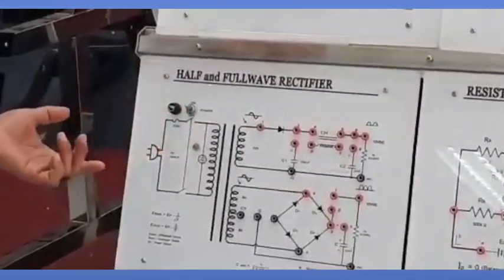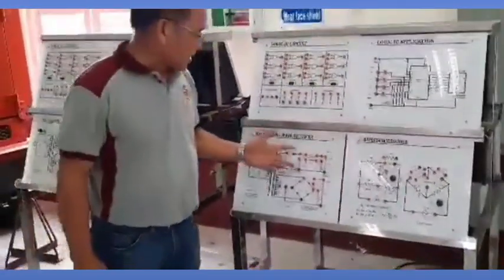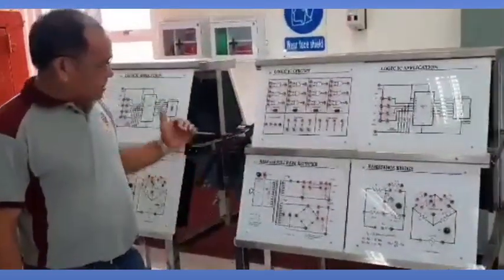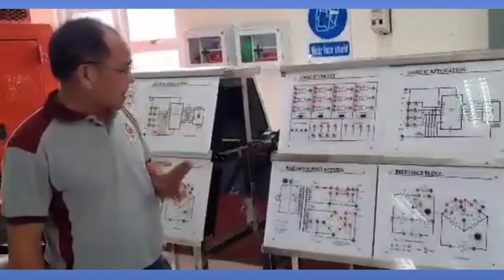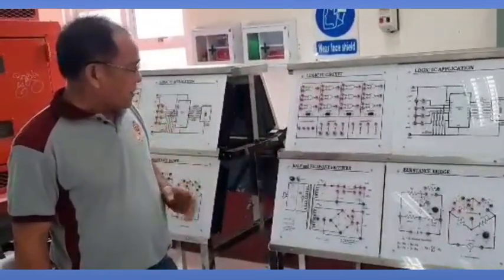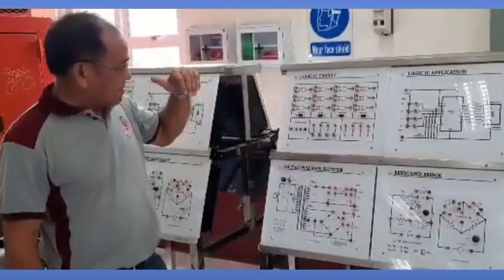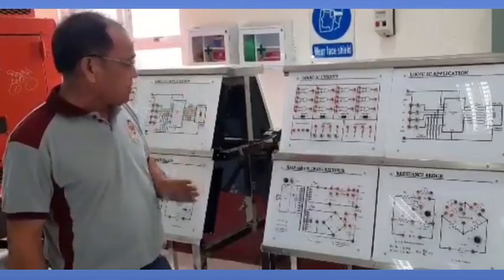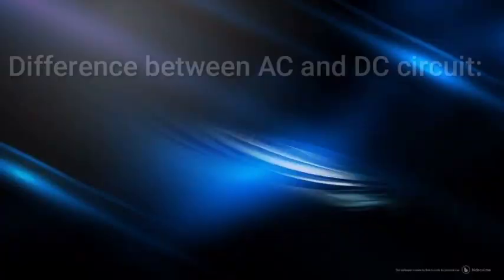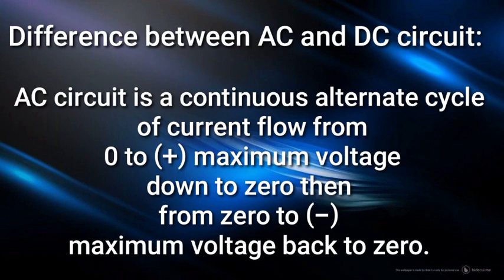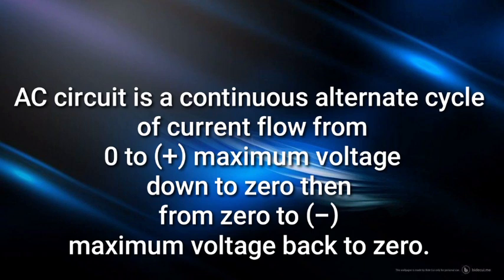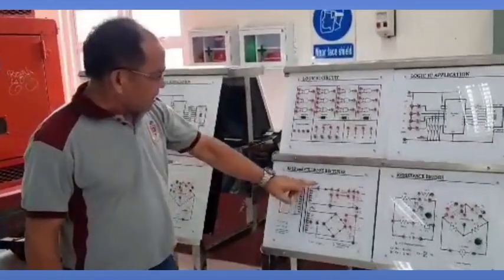You see, class, the difference between AC and DC circuit is that the AC circuit is a continuous alternating cycle of current flow, from zero to maximum positive voltage, down to zero, back to negative, and then back to zero. In here, it is shown by the symbols.